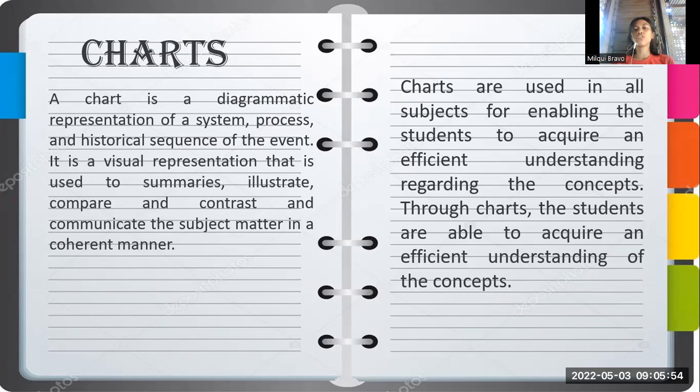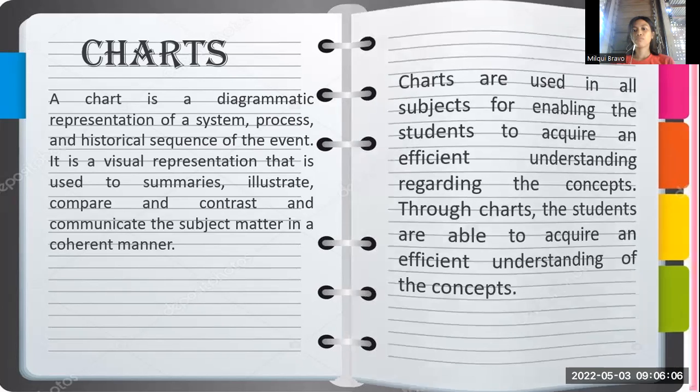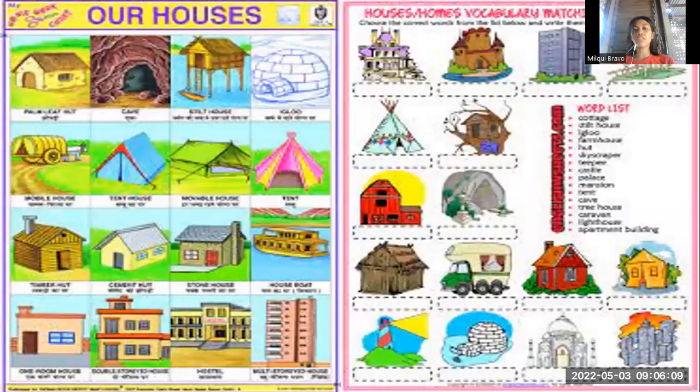Charts are used in all subjects to enable the students to acquire an efficient understanding of the concepts. These are the examples of charts. Usually preschools and elementary schools are using charts like this. In high school, we are using models. So we can easily determine what those models are for and what those charts are used for.